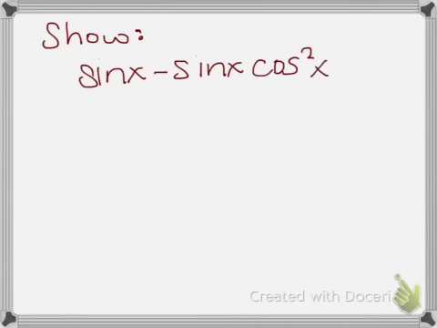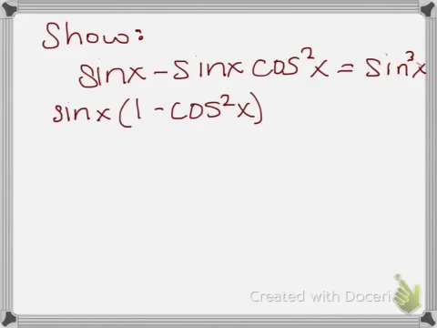Okay, so examples. Show that sine x minus sine x cosine squared x equals sine cubed x. This is one of those where you just kind of have to manipulate to show that it's true. The first thing we can do is pull the sine x out of the first two terms, and we get sine x times 1 minus cosine squared x.